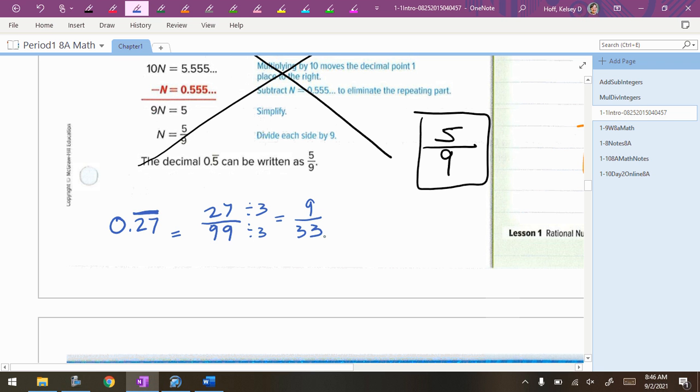Check for another 3. Can you divide a 3 out of both? 9 divided by 3 is 3. 33 divided by 3 is 11. Can you divide out a 3 out of both of those? You can on the top, right? But the bottom doesn't work, so we don't want to do that. Your final answer is 3/11ths.